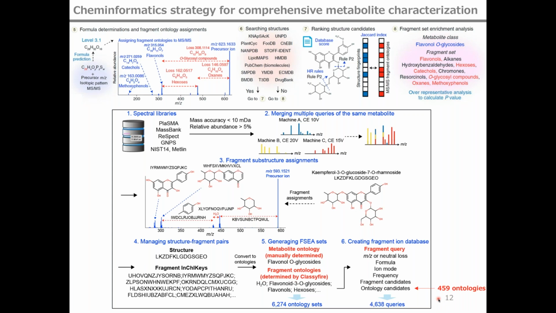Moreover, the ontology set is used to recommend metabolite class for an unknown spectrum, which we call fragment set enrichment analysis, FSEA, that I will talk about in the next slide. Currently this FSEA set contains around 6,000 query pairs.